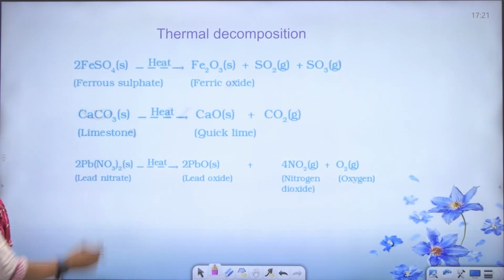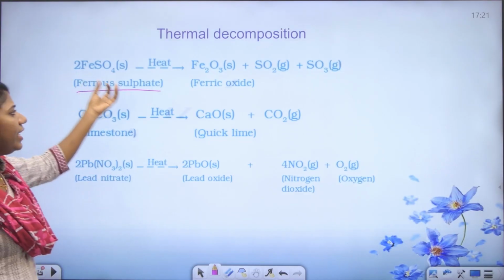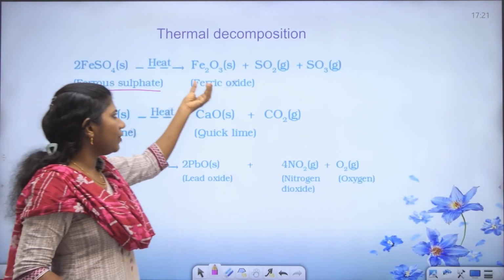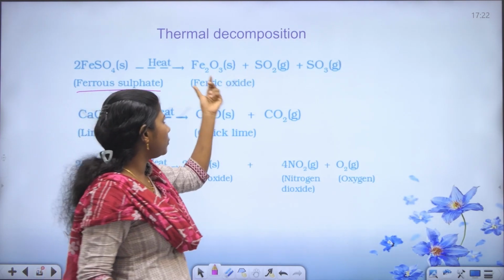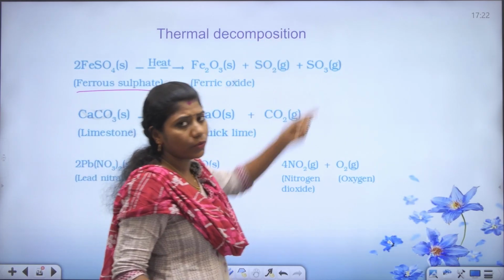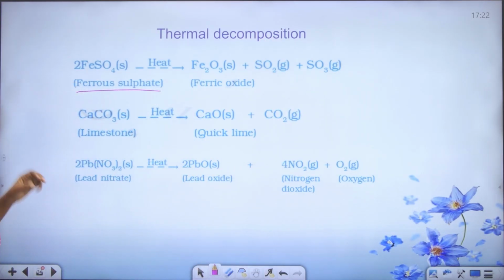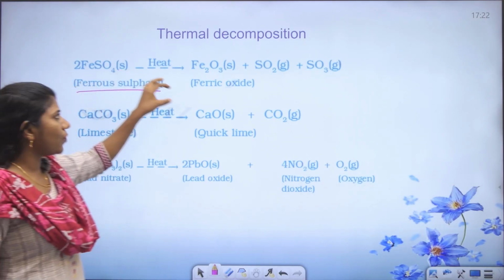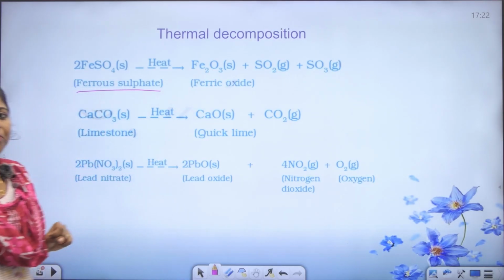FeSO4 is ferrous sulfate. Ferrous sulfate is decomposed to form Fe2O3, ferric oxide, SO2, sulfur dioxide, and SO3, sulfur trioxide. FeSO4, ferrous sulfate, is a single compound. It's decomposed to form three products.